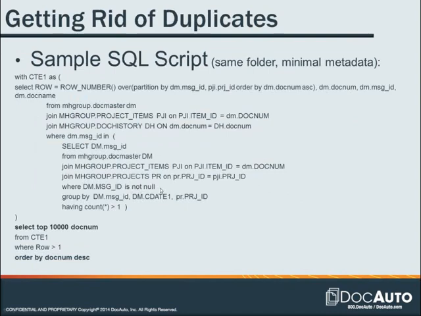There are bizarre situations where you can have messages that are imported into WorkSite that the message itself actually does not have a message ID. Rare, but it happens, and this is another thing that HP, Autonomy Interwoven, and the DocAuto applications have evolved over the years to account for corrupt messages.